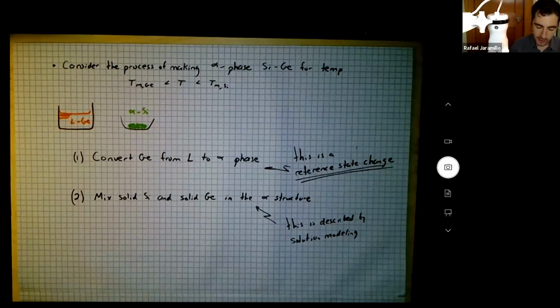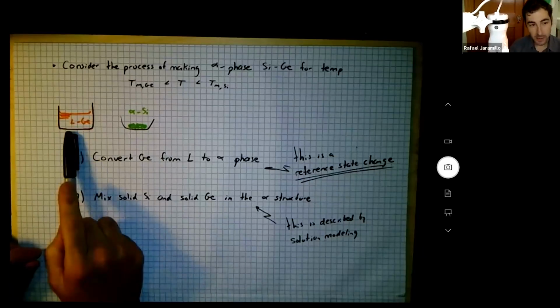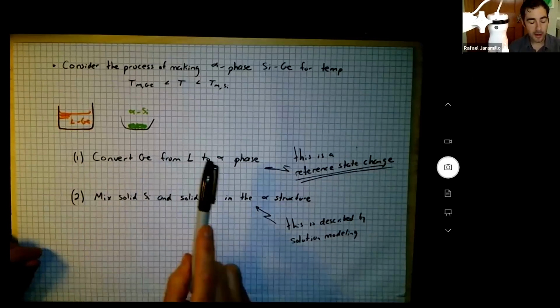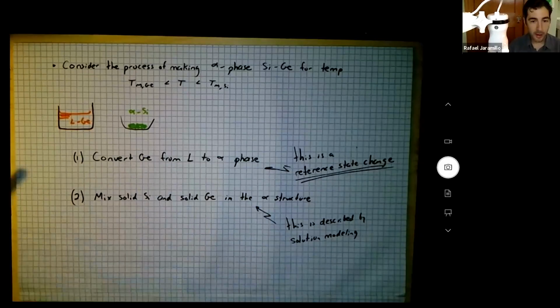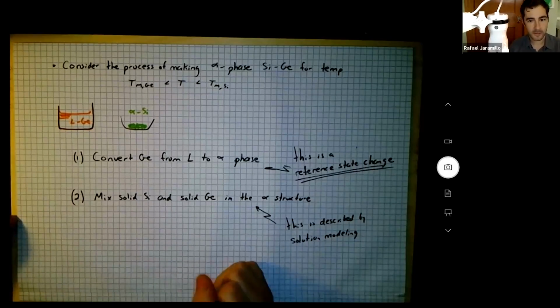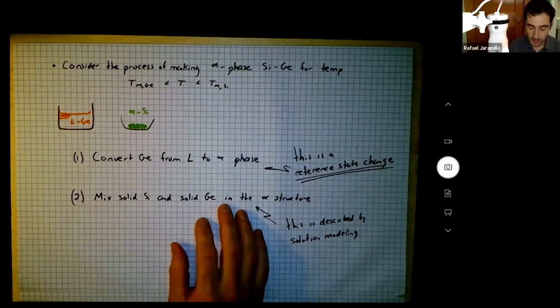If I have liquid germanium and I imagine a process that converts it from liquid to alpha phase, is it going to go up or down in Gibbs free energy? Up in Gibbs free energy. Up is right.